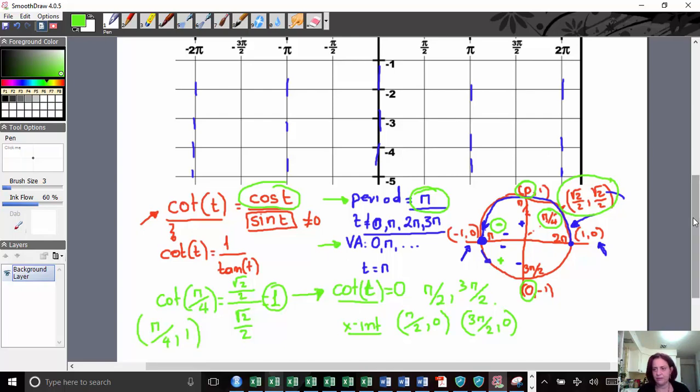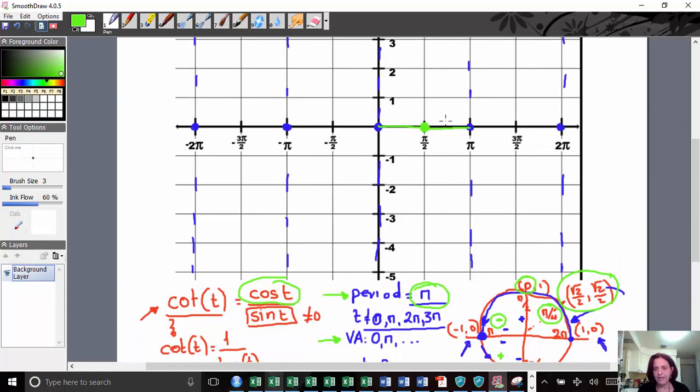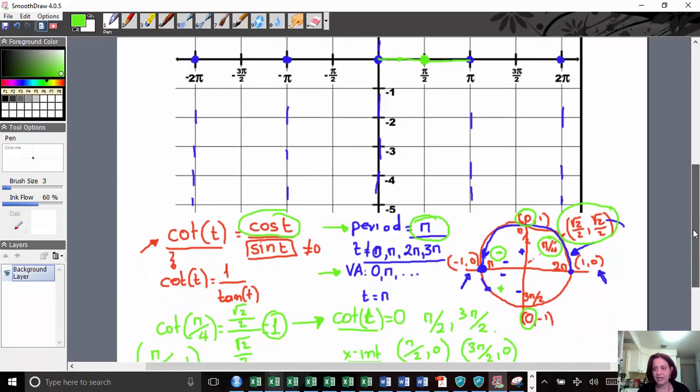Let's graph this point. Pi/4 is right here, 1 is right here. That's a point. Let's see what happens at 3 pi/4, that is right here. Again, the coordinates are going to be negative square root of 2 over 2 for the cosine, and square root of 2 over 2 for the y-coordinate, so for the sine.